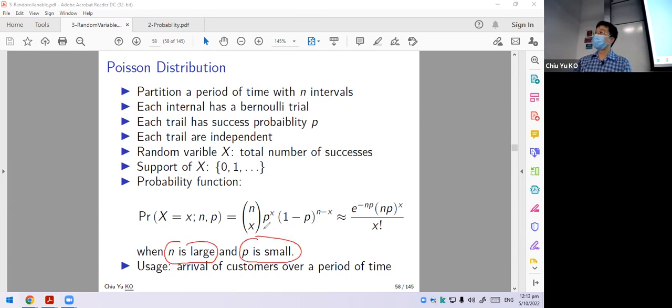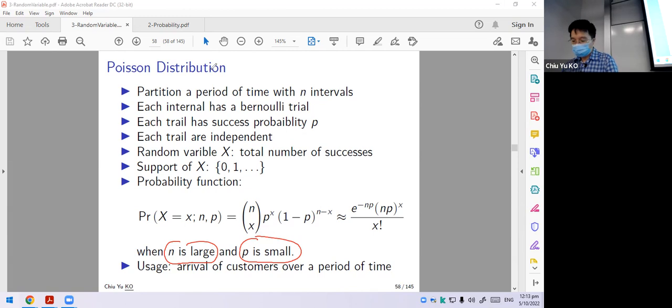Just consider a binomial with a very big n and a very small p. You may ask, what is the application of this? Why do we care about a binomial when n is very big and p is very small? It is just a good way to model how many things are happening in a period of time.